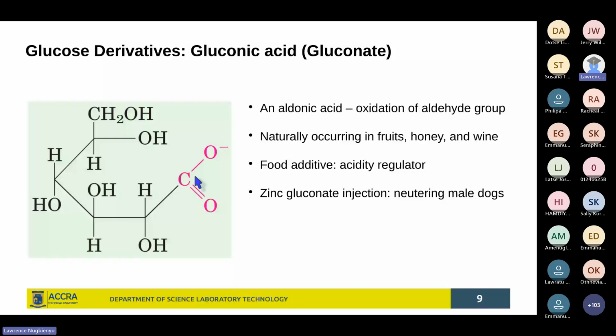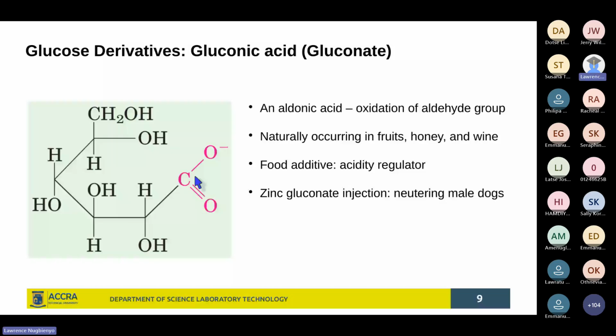This gluconic acid or gluconate, you can have it in such, and because of that, it means it's used as a natural food additive, like an acidifier to regulate acidity of foods.